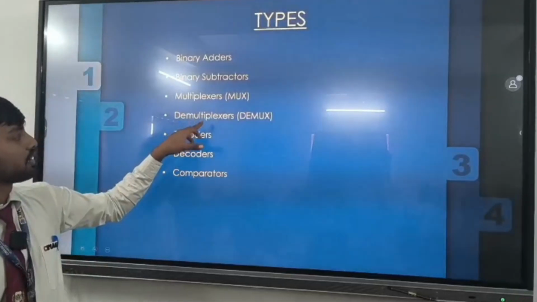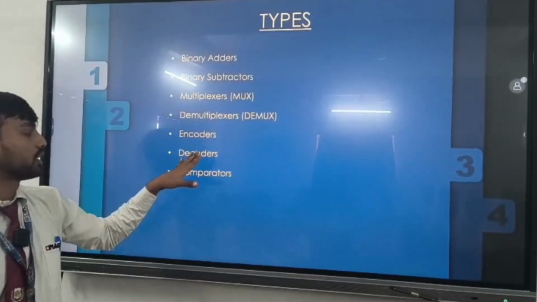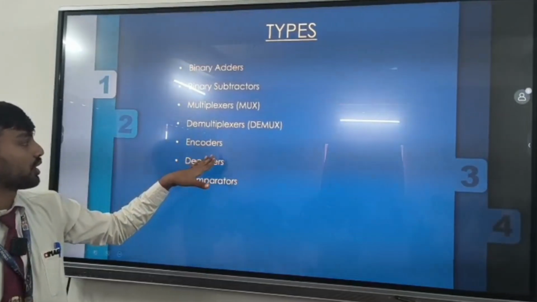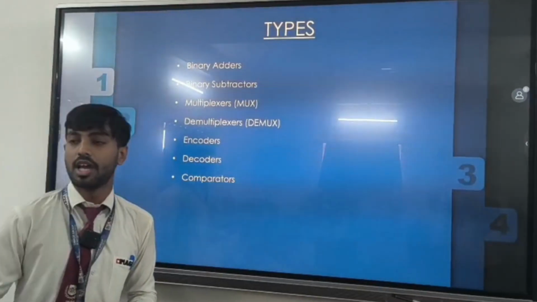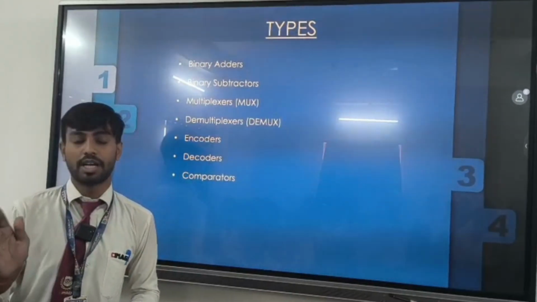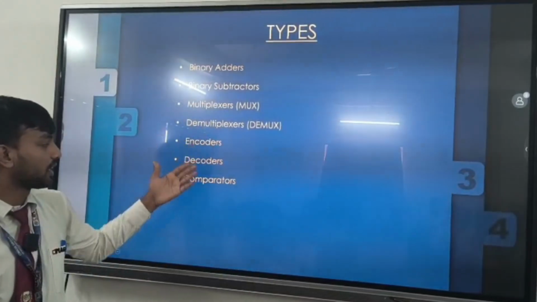The demultiplexer is the opposite of that. An encoder converts 2 to the power n inputs into n bits, and the decoder is the opposite of that.